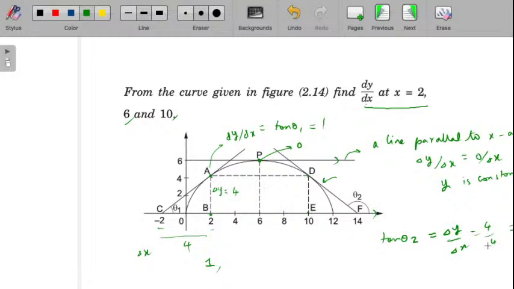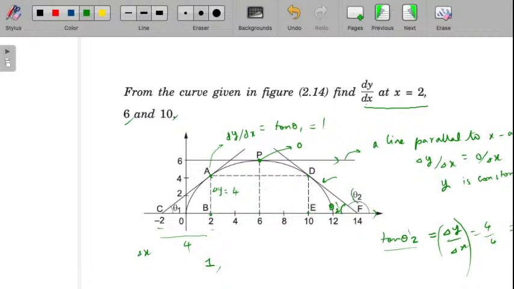Normally, we would be expecting the slope to be equal to 1. However, we know here that tan theta 2 involves the complementary angle to the theta 2 that we have found. Let's call it theta 2 dash. Tan theta 2 dash would be delta y by delta x, which is 4 by 4, which is 1.